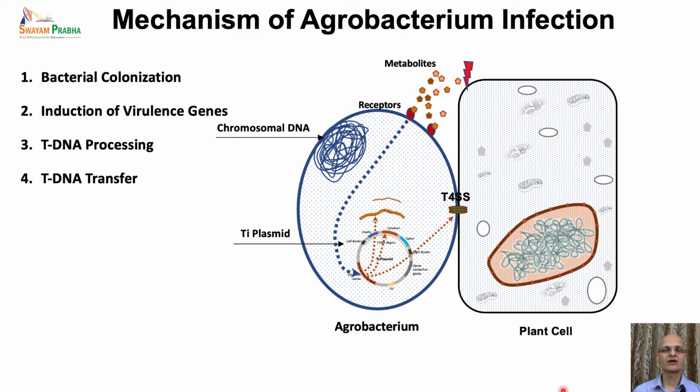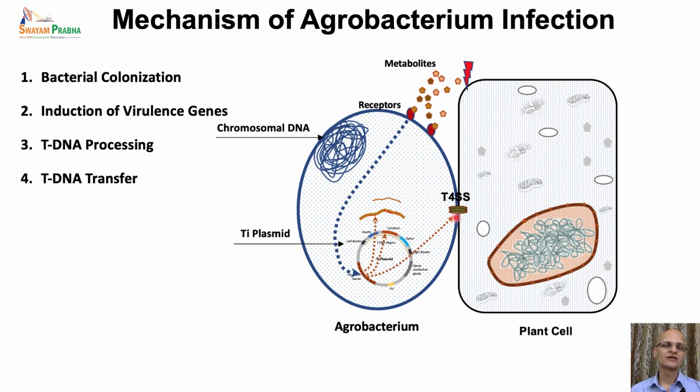The other virulence proteins, specifically the Vir-B proteins, create a type 4 secretion system type of communication channel which connects the cytoplasm of the two cells, that is the plant cell and the agrobacterium cell.